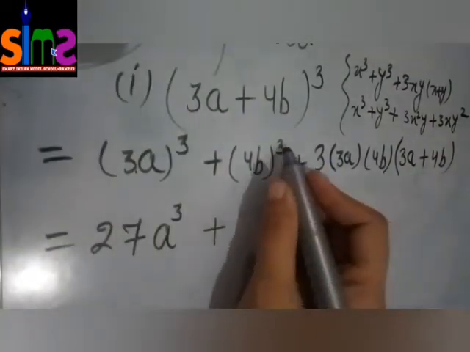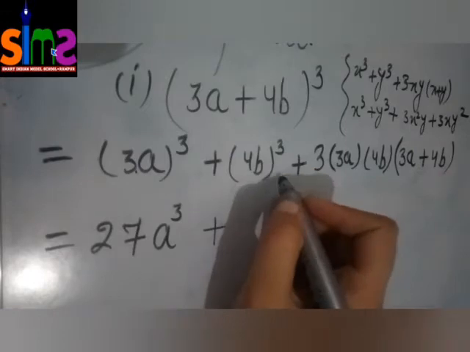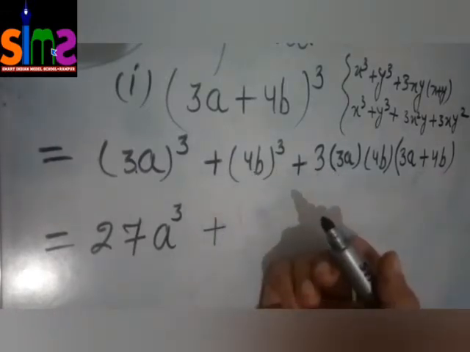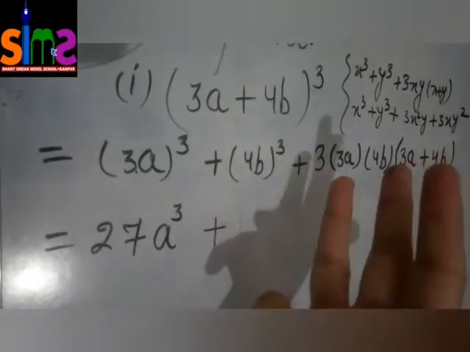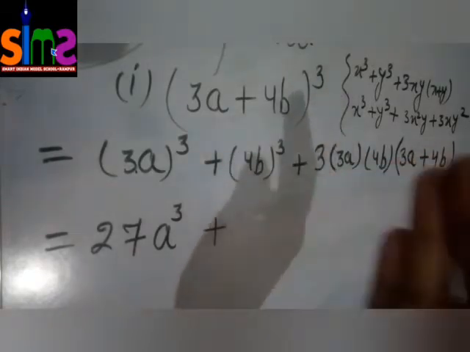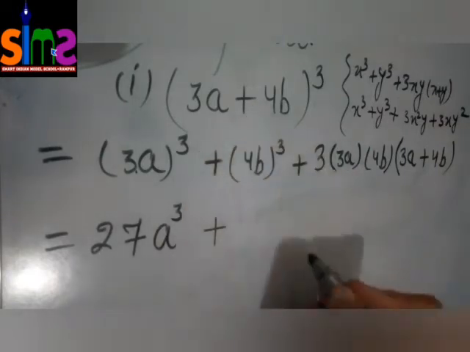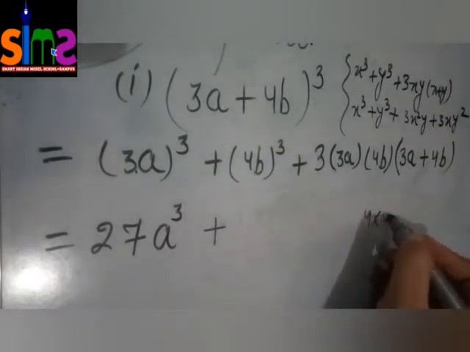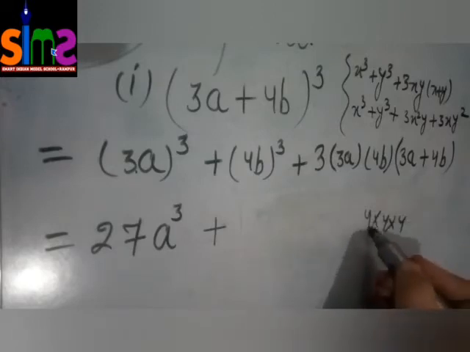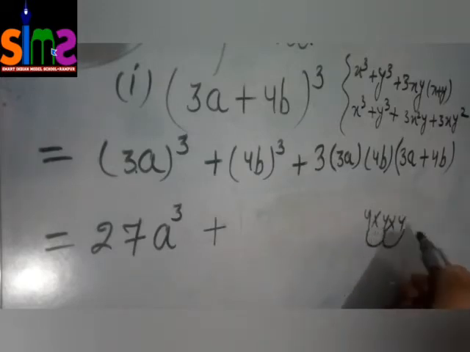Now the whole cube of 4b means to multiply 4 three times to itself, means 4 into 4 into 4. So 4 4 is 16 and 16 4 is 64.